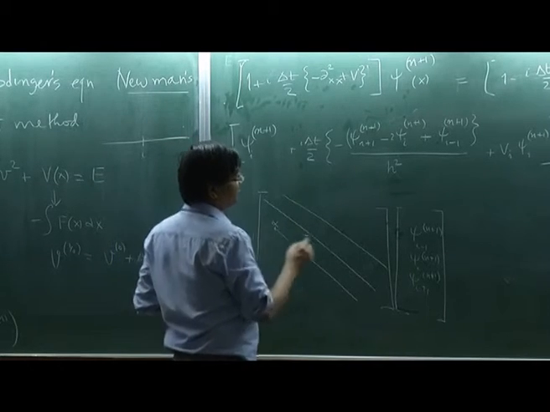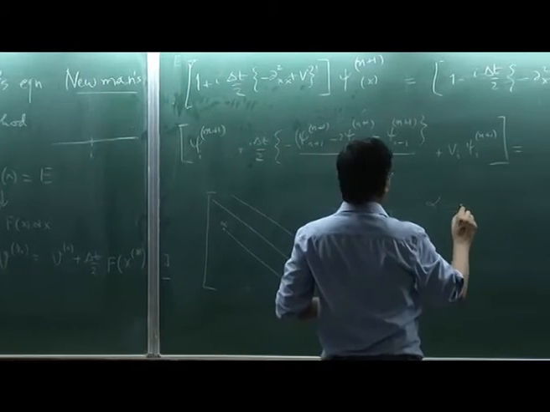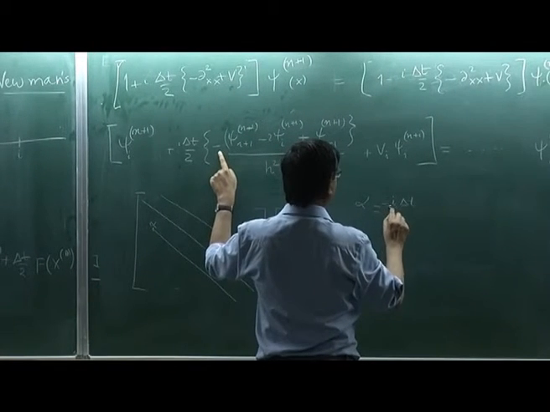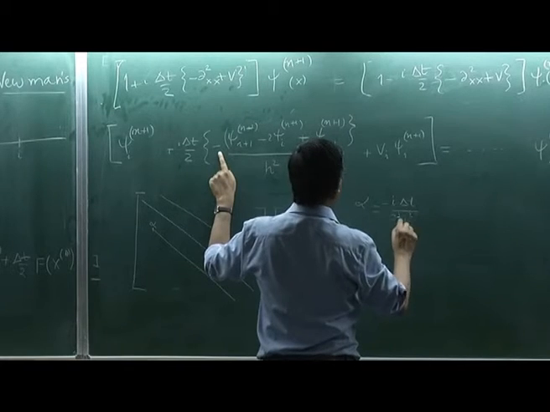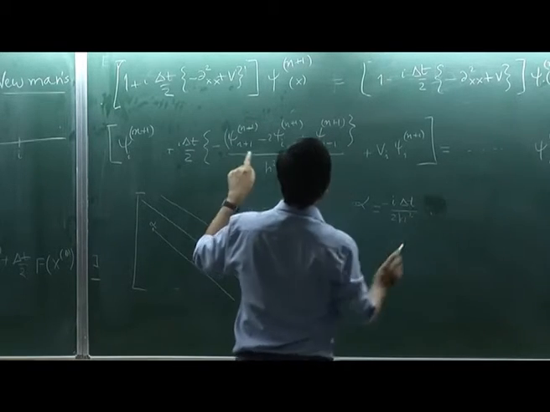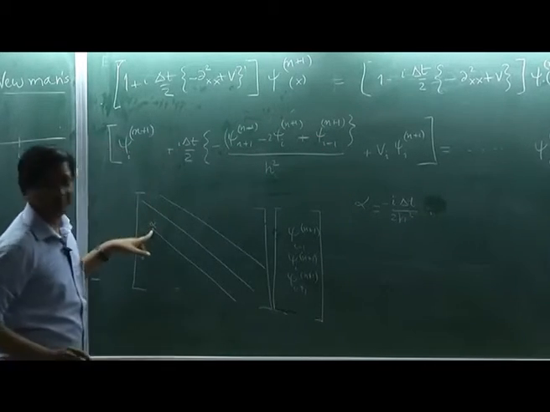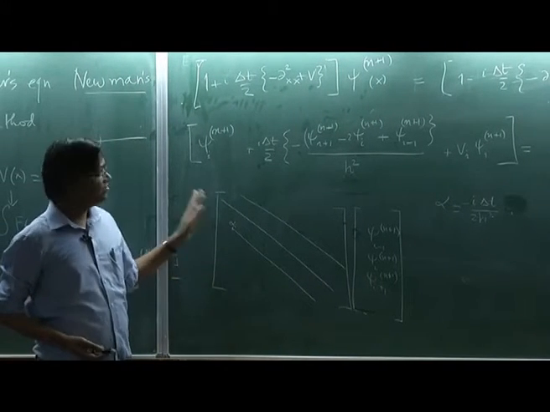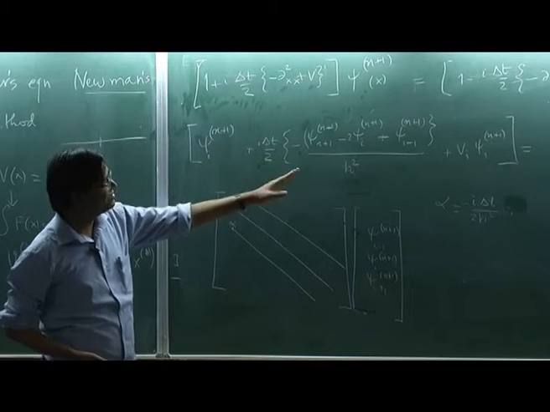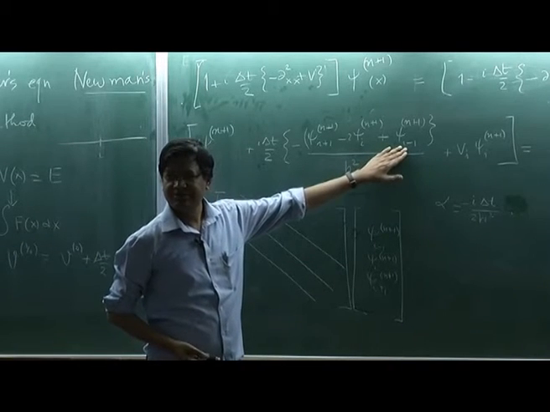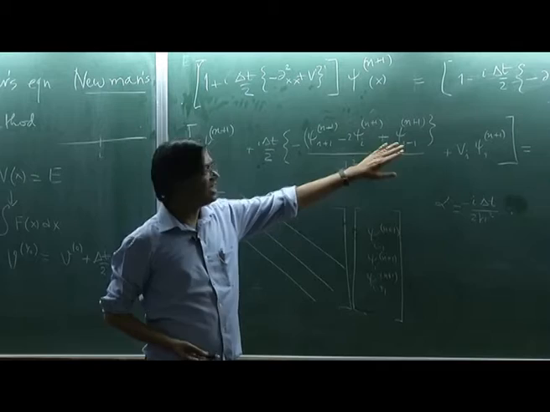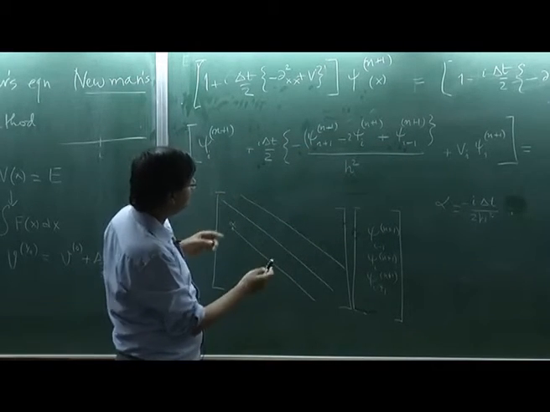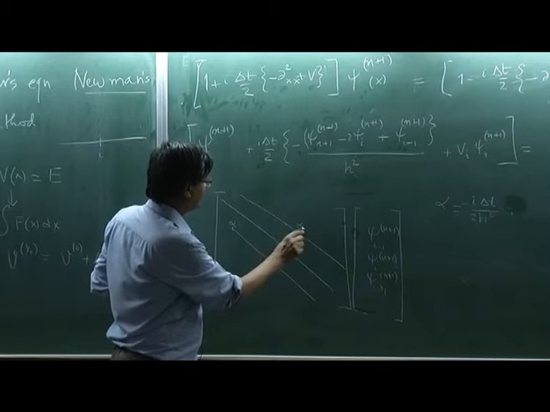Let me call it alpha. Alpha equals i Δt, with a minus sign here, over 2 h squared. So this is that term, it will come here. Is that clear to everyone? So just collect the term of ψ(i−1), which is the only term. ψ(i+1) will be this term; again the same thing, in fact this will be alpha.